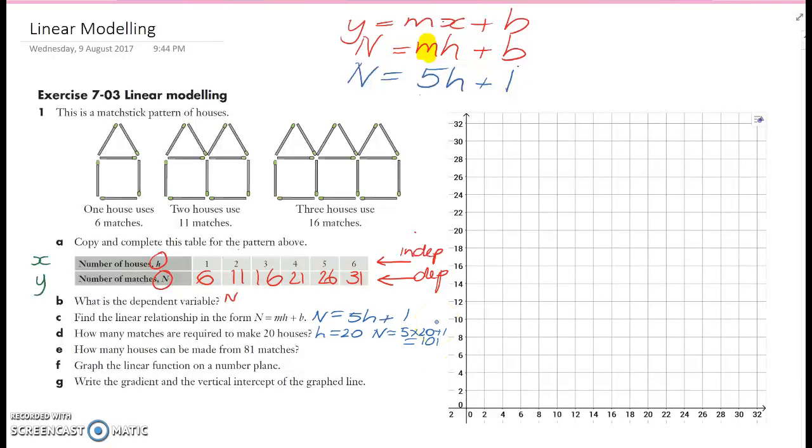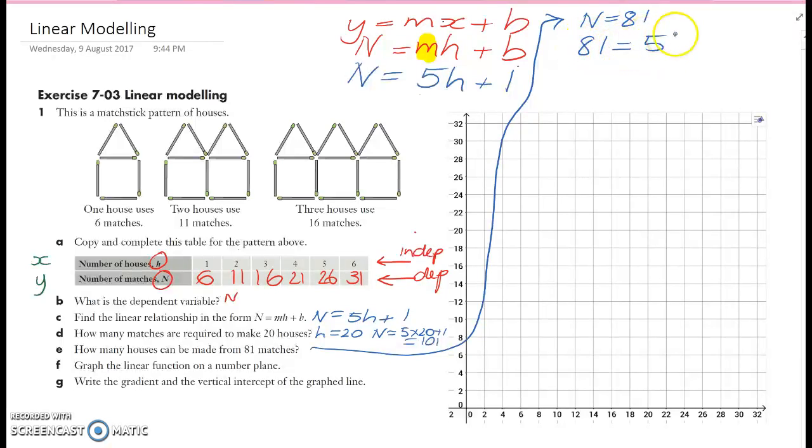How many houses can be made from 81 matches? I'm going to actually take us up here to do this because you need space. 81 matches, so n is 81. So that means 81 equals 5h plus 1. Now that's an equation that we know how to solve. What's a good choice to do to both sides? Minus 1 off each.